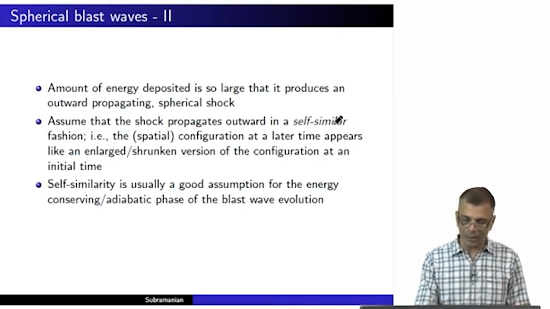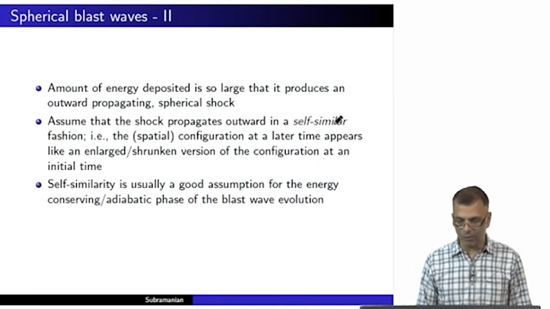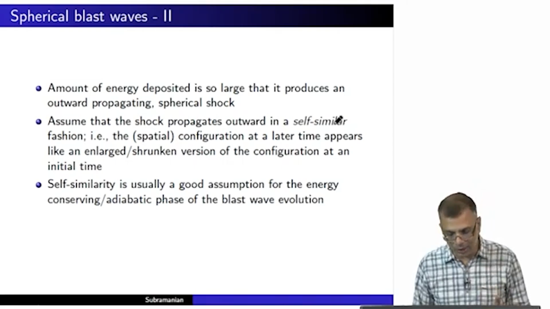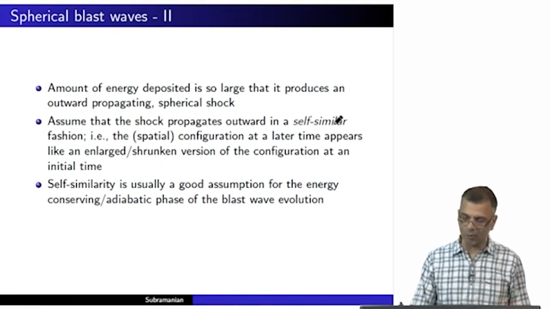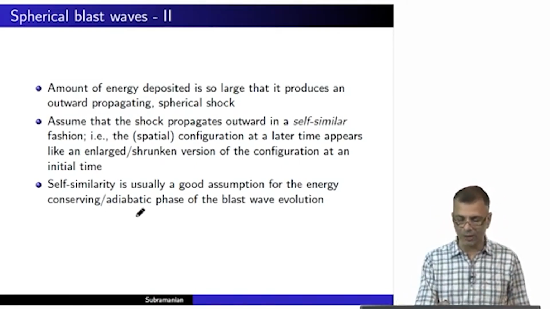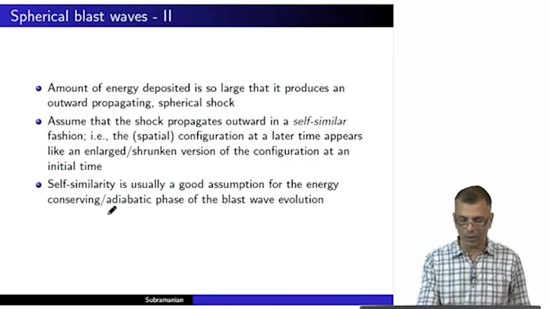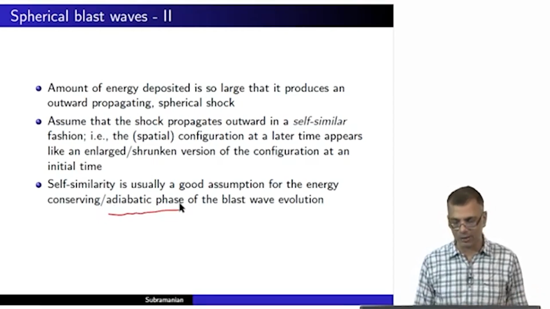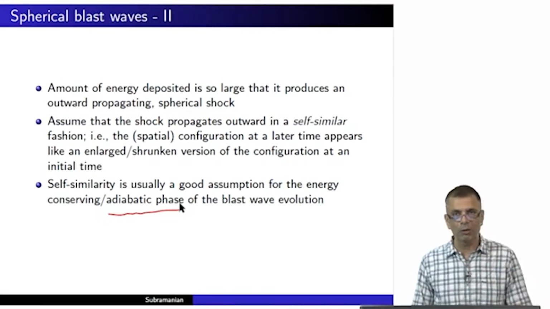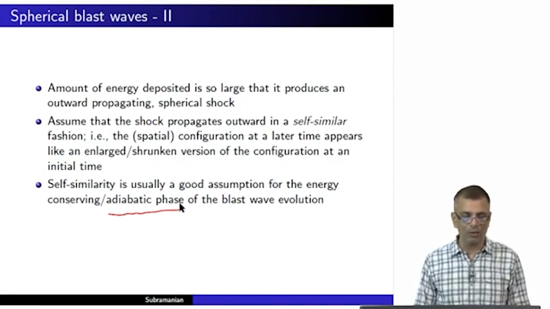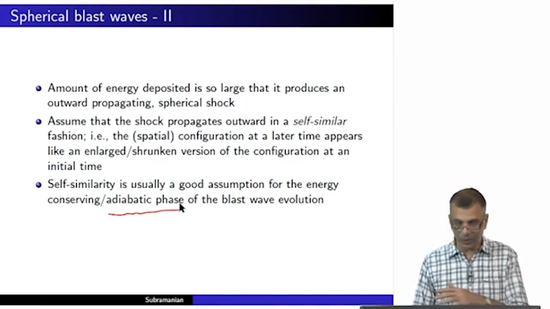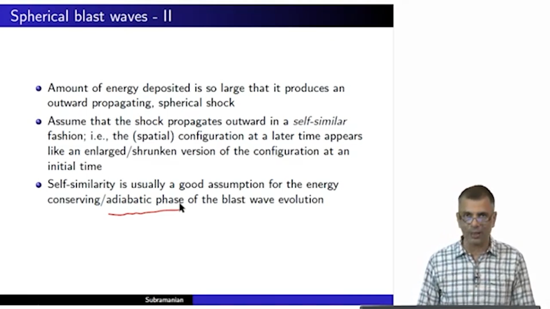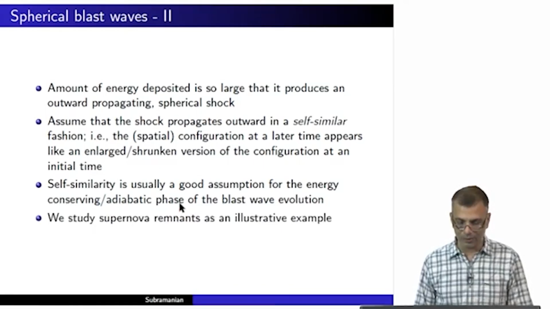And self-similarity is usually a good assumption, at least for the energy conserving adiabatic phase of blast wave evolution, and this adiabatic phase is the only phase that we will consider in our analysis. We won't bother about the other snow plowing phase and so on and so forth. Okay, it makes analysis a little restricted, but that's okay. All right, we can at least be complete in our analysis and draw a number of very useful conclusions.